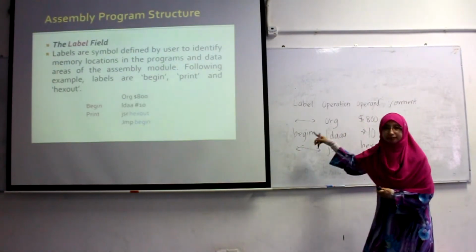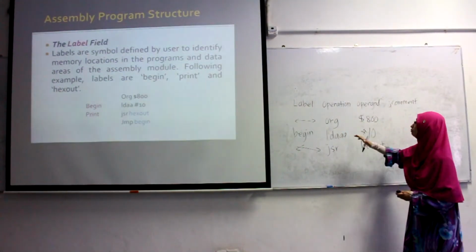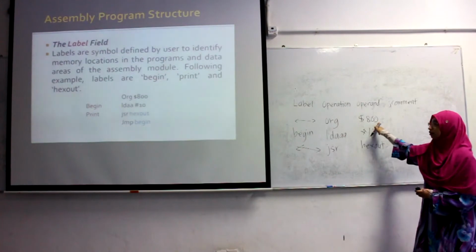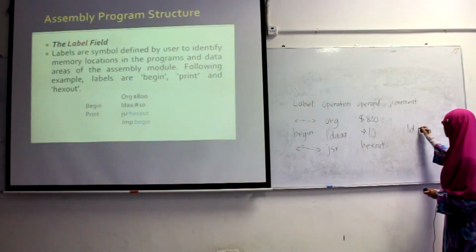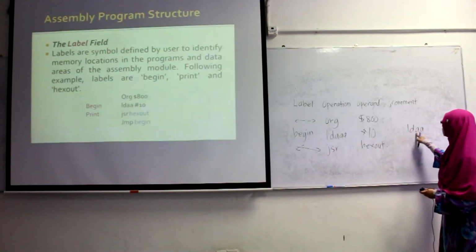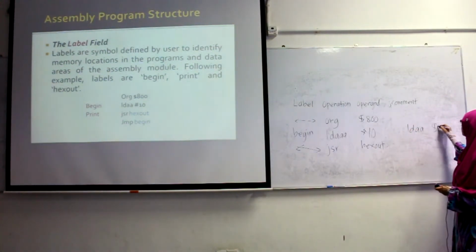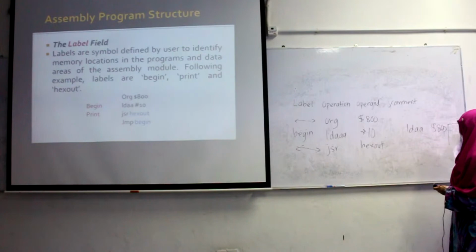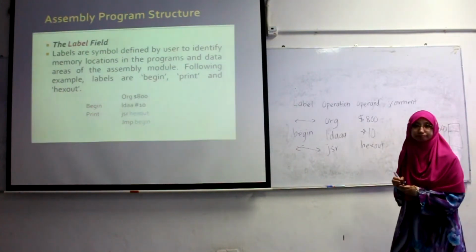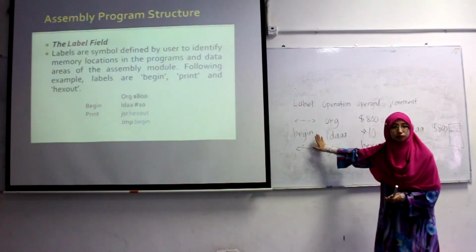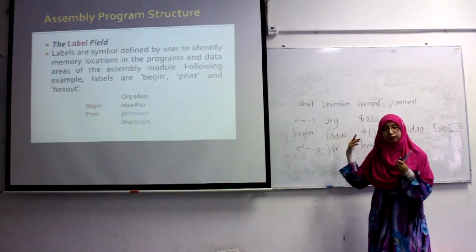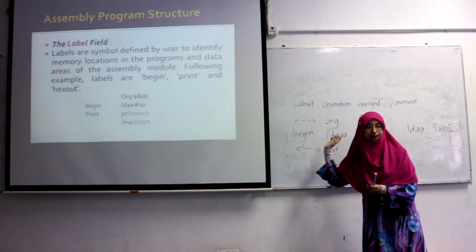It represents the first instruction starting at 800. The LDAA instruction will be stored at address 800 in memory. Whether you write a label or not is up to you, but you have to put the space.